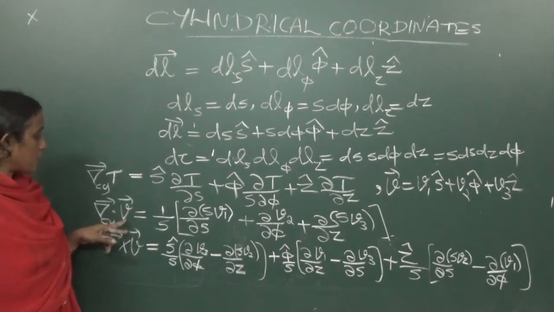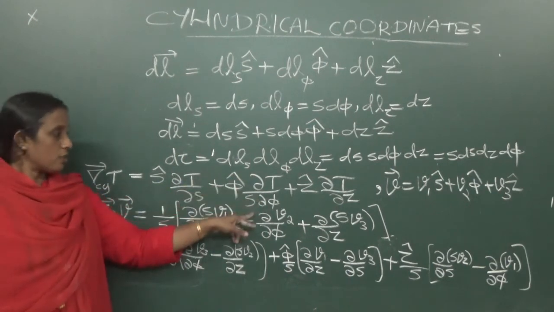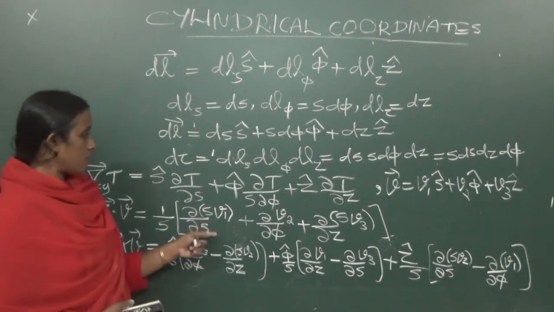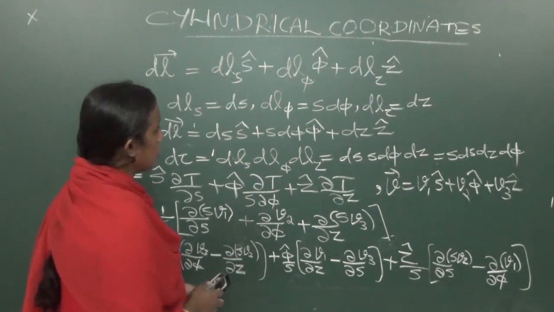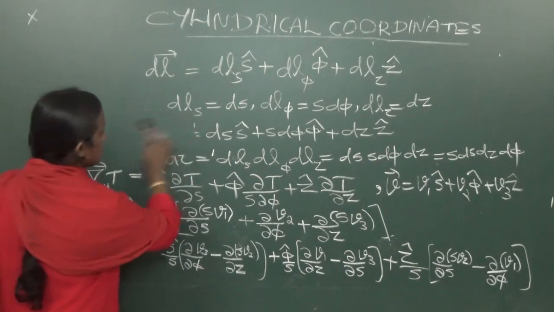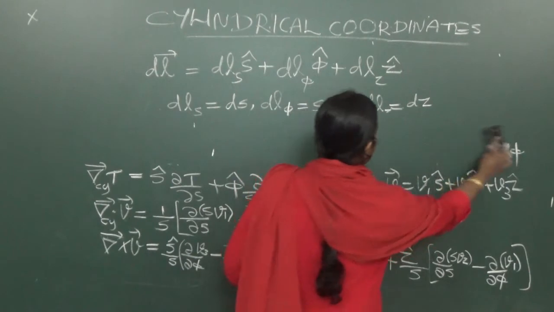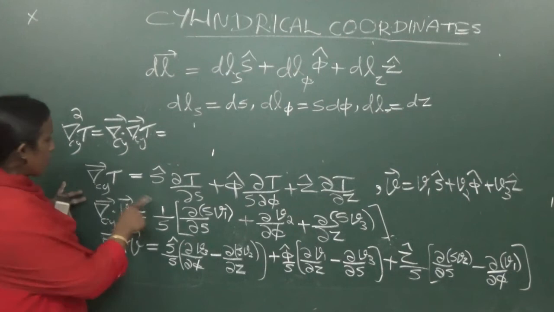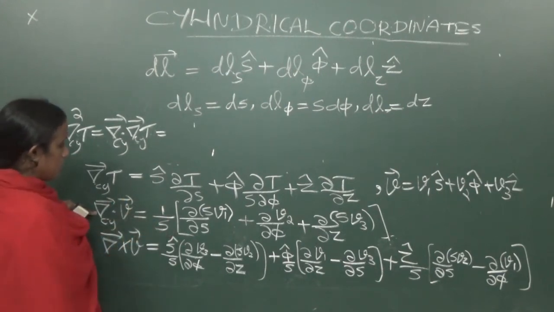For vector v, you have to write the components of the gradient of t, dou t by dou s and so on.